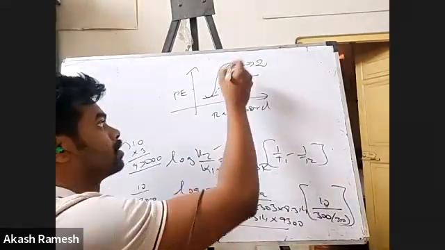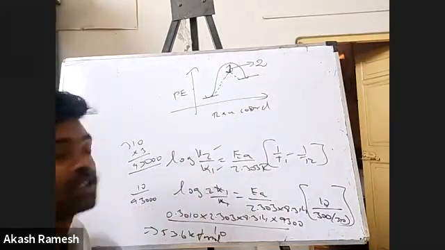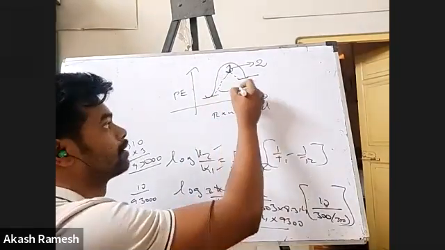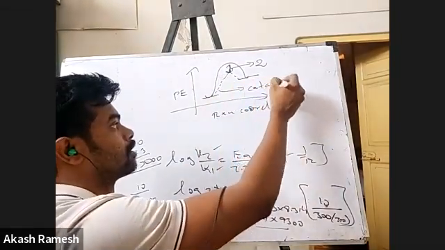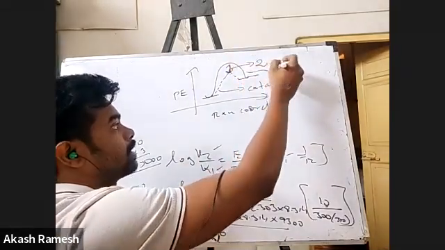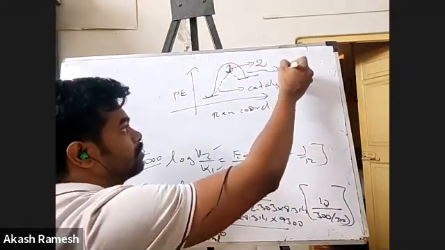Okay, so the dotted line represents the reaction with catalyst, and the solid line represents the reaction without catalyst.